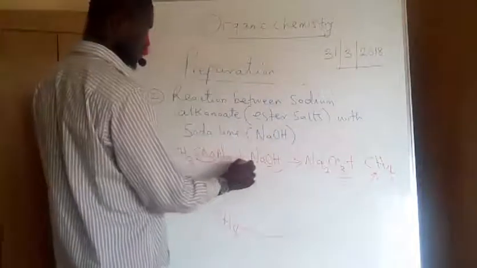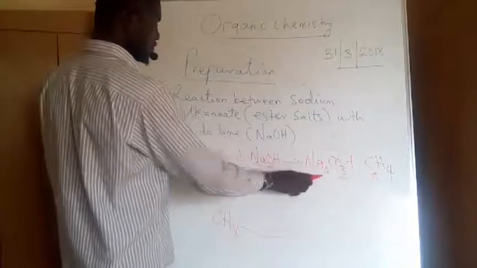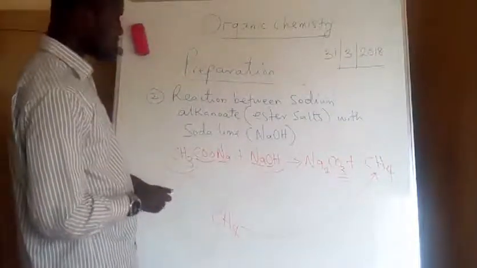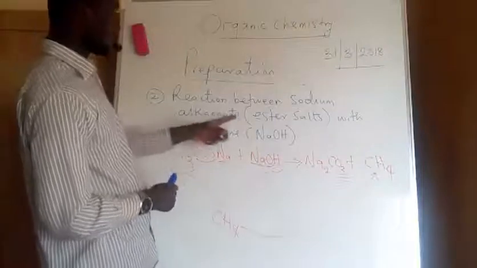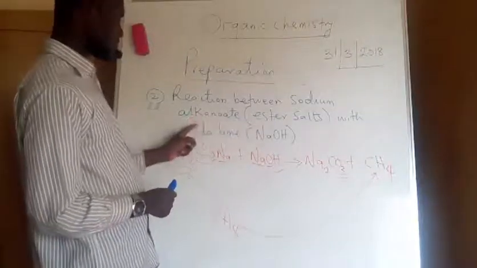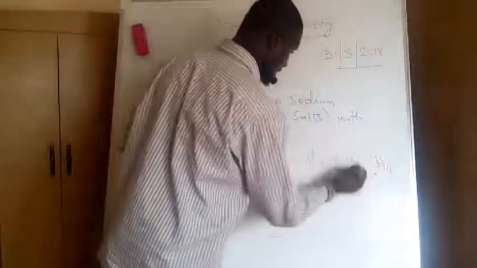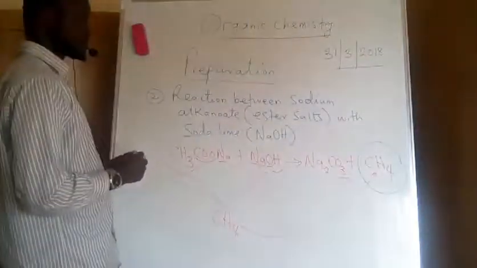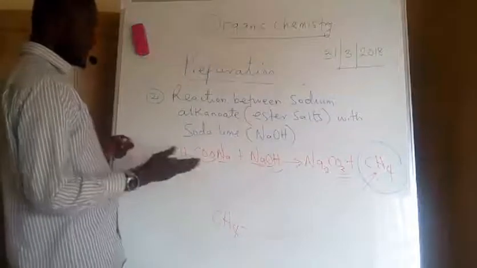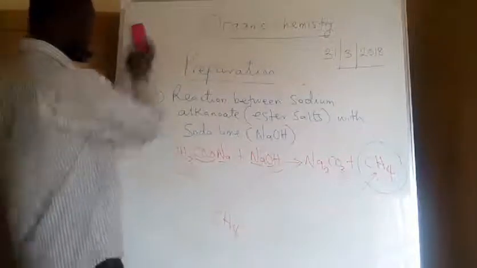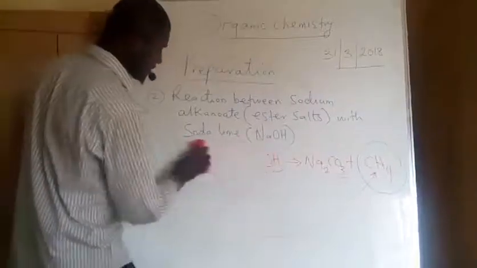Then this sodium with this sodium will give me 2 sodium atoms. So if you react ester salts, that is sodium alkanoate, with soda lime, you always produce an alkane. Like in this example, we have produced methane. So you can do other examples with similar compounds to produce other alkane.